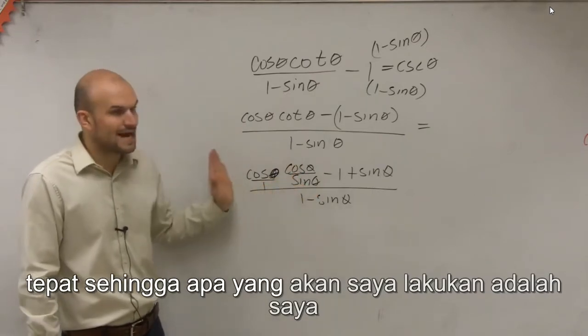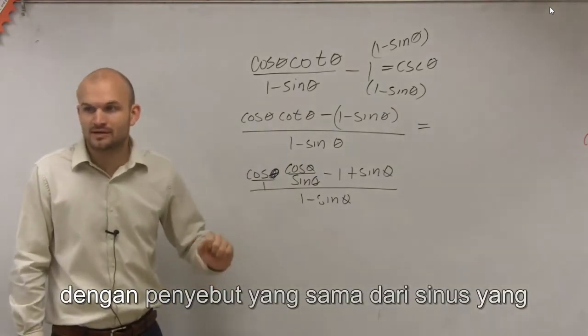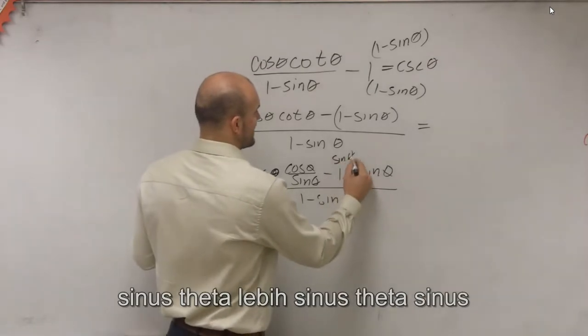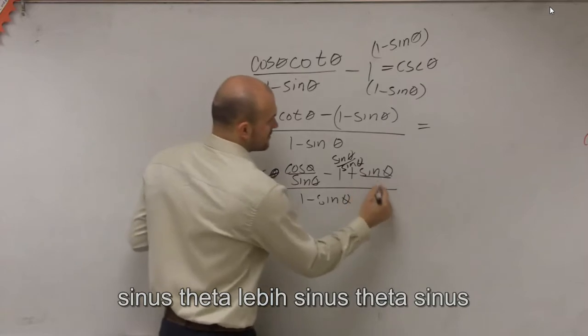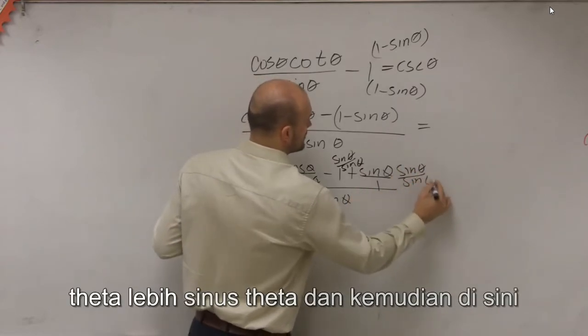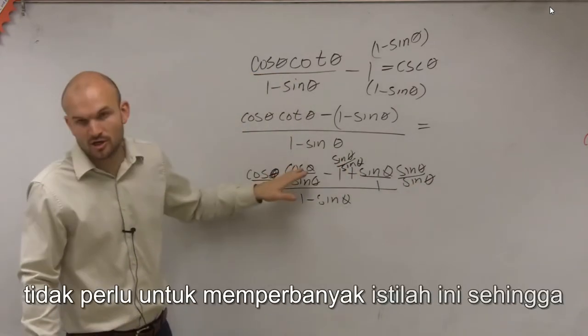So I'm going to try to combine all of these with the same denominator of sine. That means I'm going to have to multiply 1 by sine of theta over sine of theta. And then here, since I'm multiplying this across, I don't need to multiply this term.